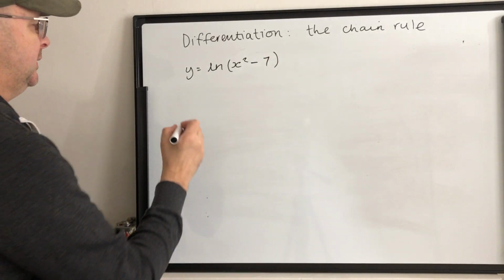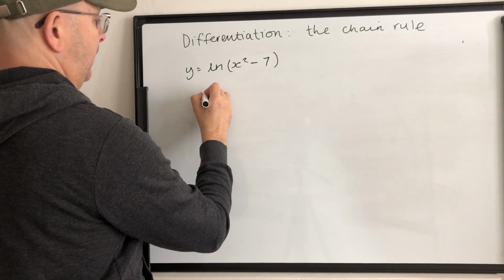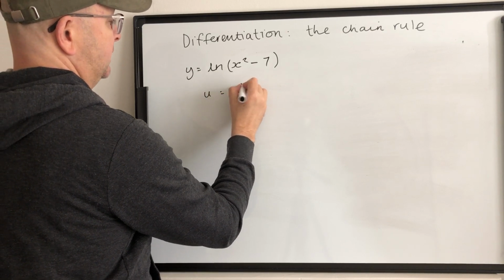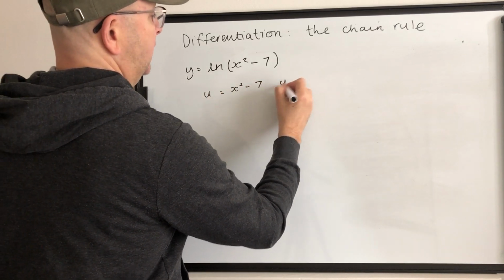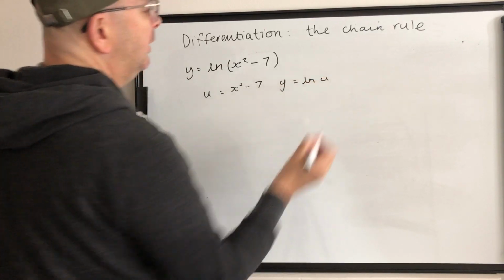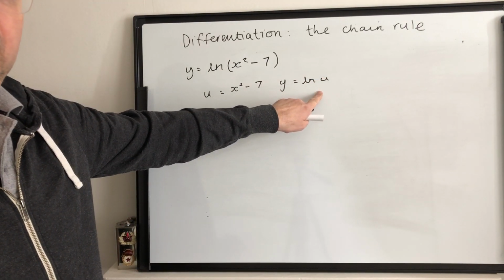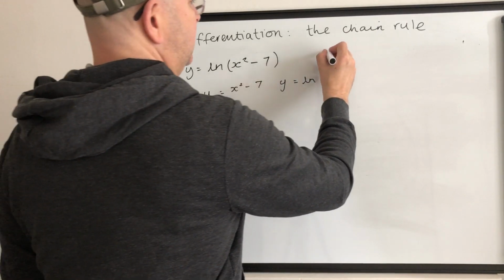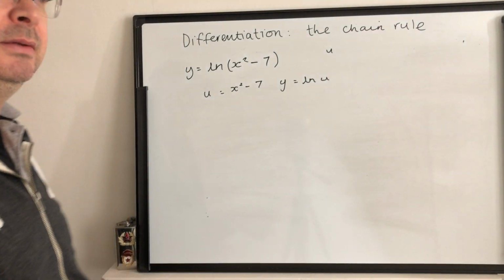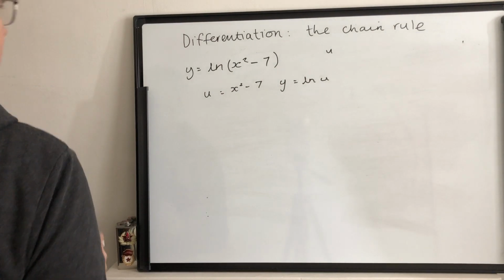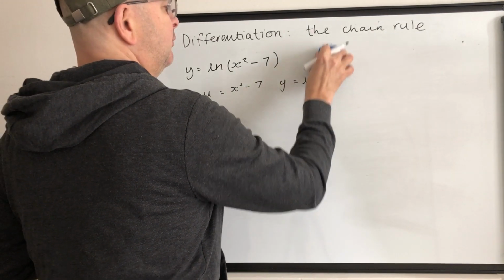I'll do the long way first. So u equals x squared minus 7. y is natural log of u. And also when you're doing this, make sure you're writing y's and u's properly. If you're lazy and you write y's like that or whatever, they start looking identical and you're going to have real problems. So make sure your writing's good, please.